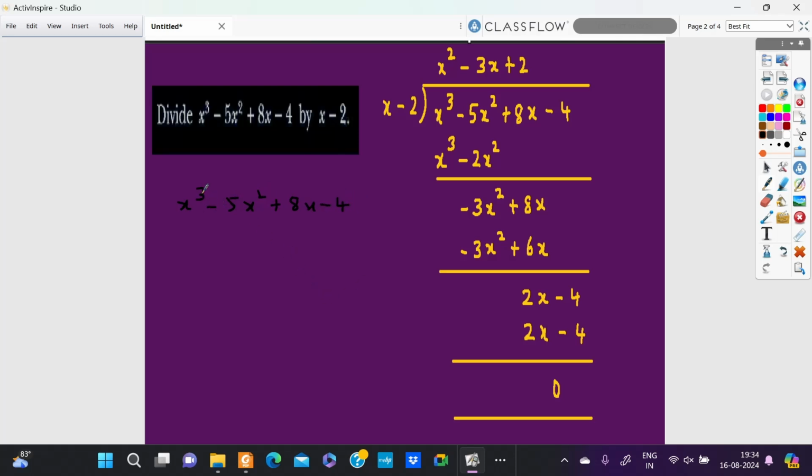If you see, the powers of x are all non-negative integers, it means positive integers, and the highest power is 3, so we could call this a cubic polynomial.